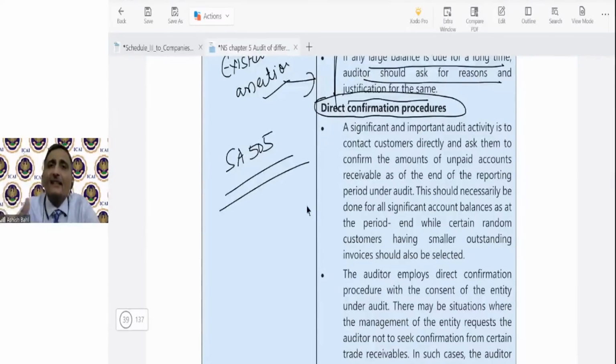And when existence is confirmed, obviously in an indirect manner, right is also confirmed. Okay, so obviously when somebody is saying that, look, I have to pay rupees 5 lakh to your company, then company's right is also confirmed that it has a right to recover money from that party.